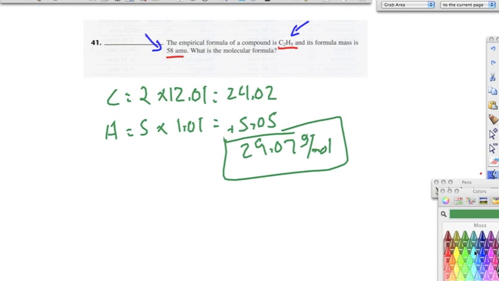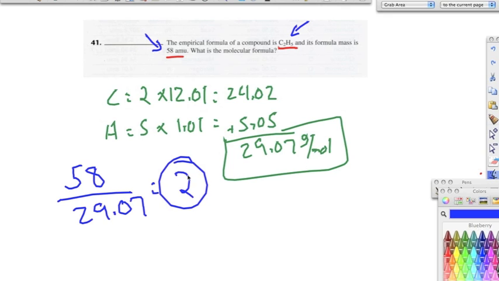So we take our 58 and divide it by 29.07, and when we divide that out, we get a multiplier of 2. This multiplier tells us to multiply the subscripts in our empirical formula by 2 to get our answer. So our molecular formula is going to be C4H10.